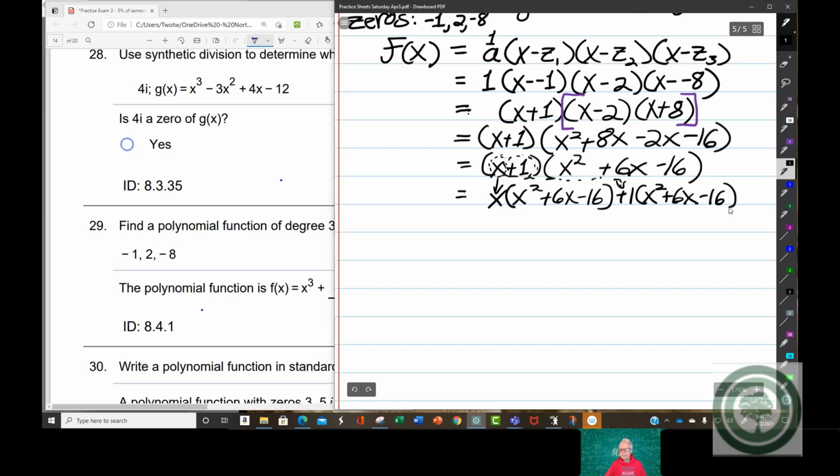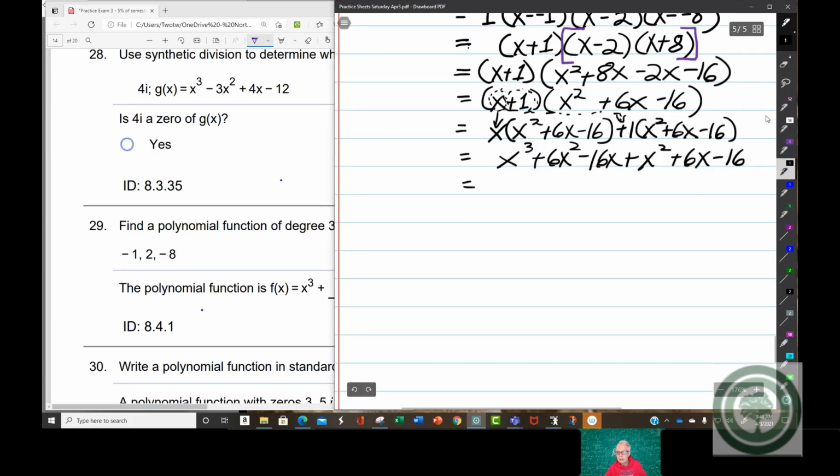Now we're going to do that. And that will give us x to the third plus 6x squared minus 16x, plus 1 times all of this is x squared plus 6x minus 16.